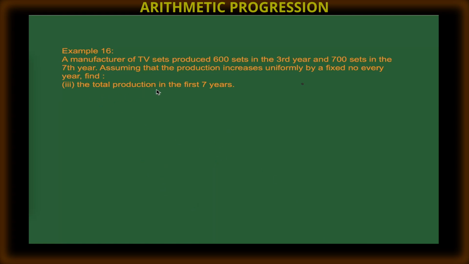The total production in the first 7 years. When it says total production, it is nothing but the sum. It's asking for the sum up to the 7th year. So we have the formula S n is equal to n by 2 into 2A plus n minus 1 into d. This is the formula we have.